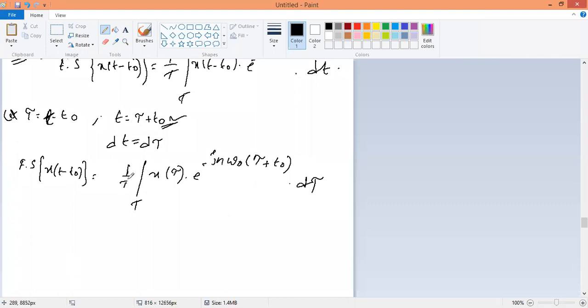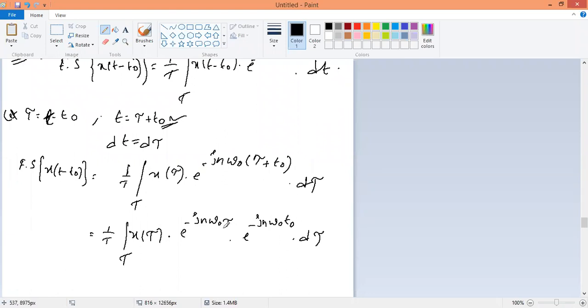That gives 1 by T integral over T of x of tau into e power minus j n omega naught times tau plus t naught, d tau. Next, separate the terms: e power minus j n omega naught tau, and one more term, e power minus j n omega naught t naught, will come.